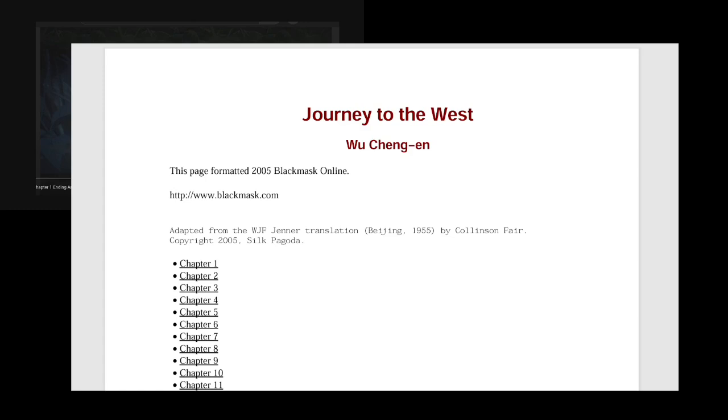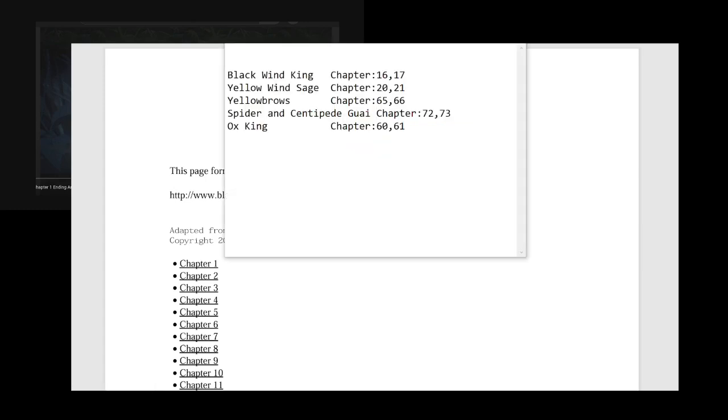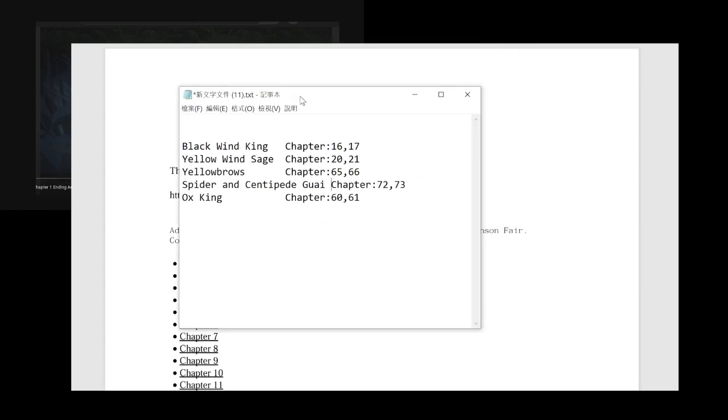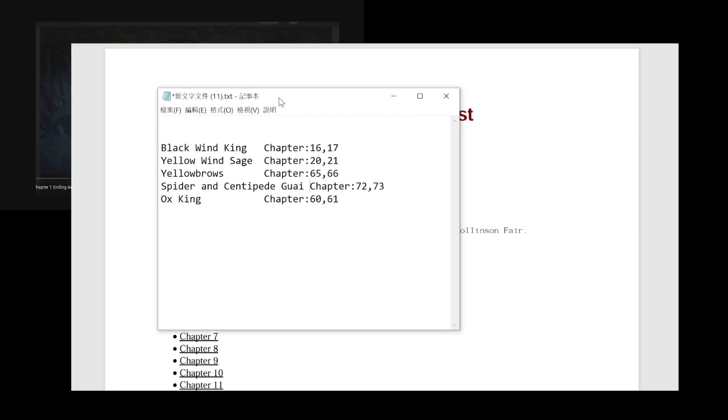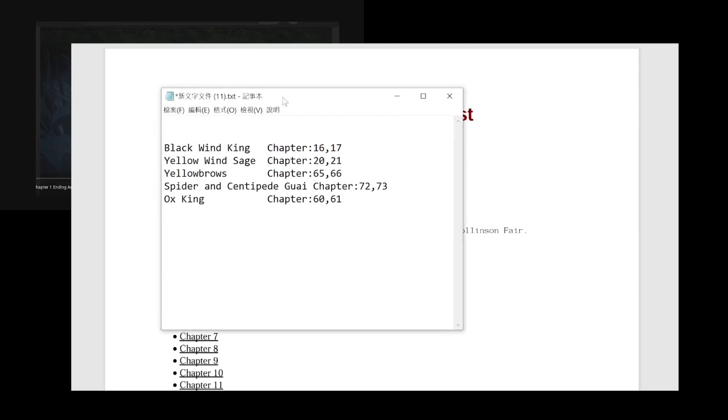I think the English version's chapters are totally the same as the original Chinese one. So here is what chapters are happening in the game.